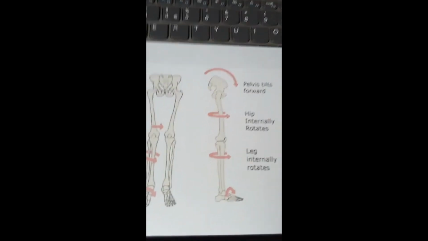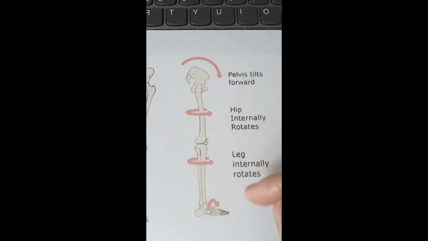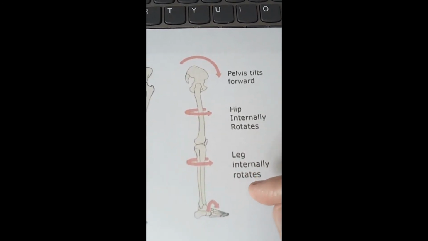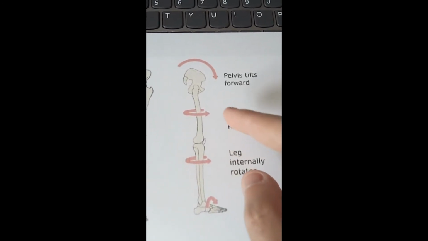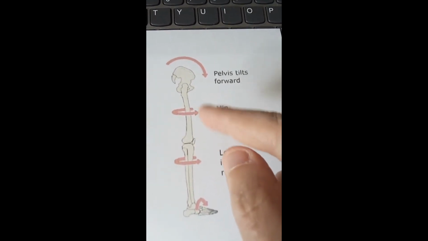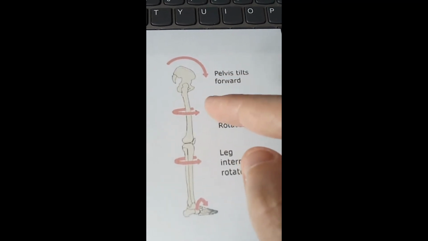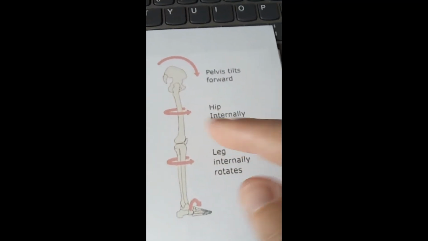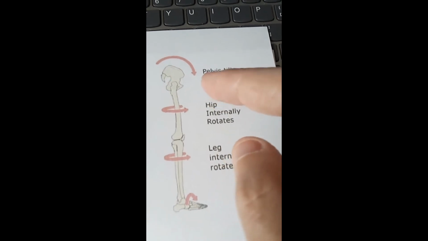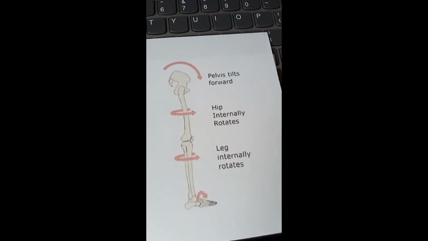And we find when that happens and when that lower leg internally rotates, also the thigh bone or femur will internally rotate at the hip, and the pelvis is more likely to tilt forwards.